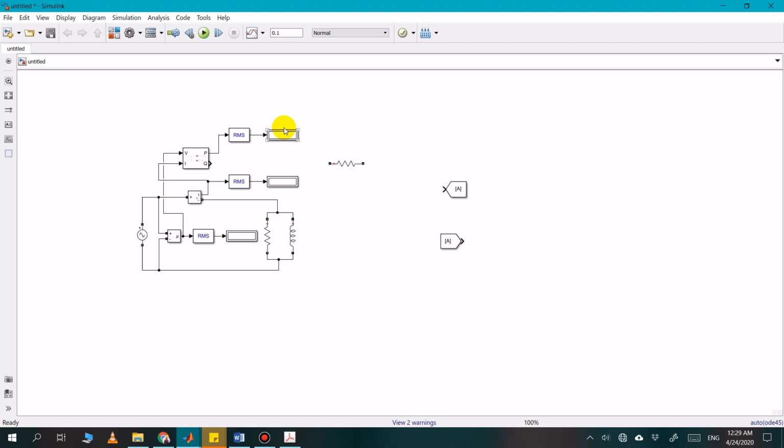So this is the input power. This is input current, and this is input voltage or primary side voltage.